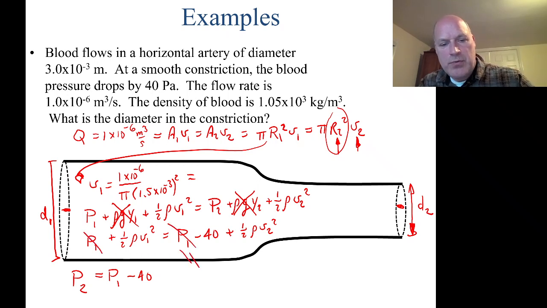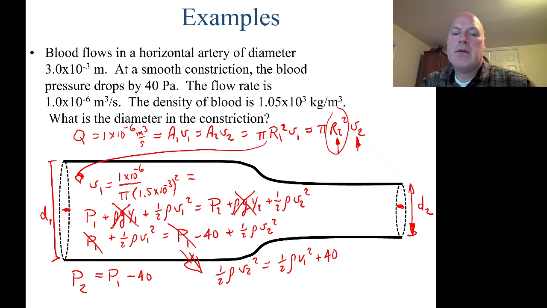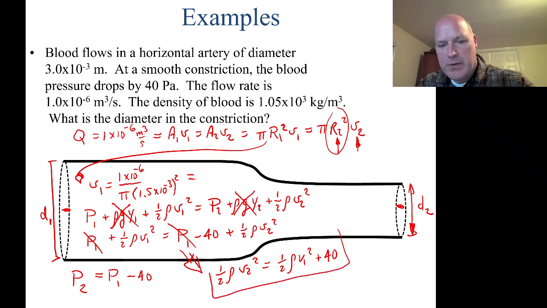And so then Bernoulli's equation simplifies, and we can say 1/2 rho v2 squared is equal to 1/2 rho v1 squared plus 40. Okay, great. At this point we could stop and say that these are two equations that we're going to use.